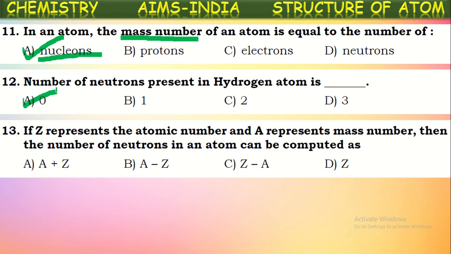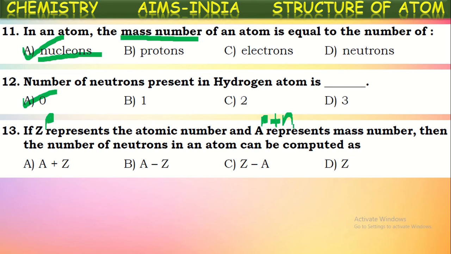Next question. If Z represents atomic number and A represents mass number, then the number of neutrons in an atom can be expressed as... The number of neutrons can be calculated if we know the mass number and atomic number of an element, because atomic number represents the number of protons and mass number represents the number of protons plus neutrons.